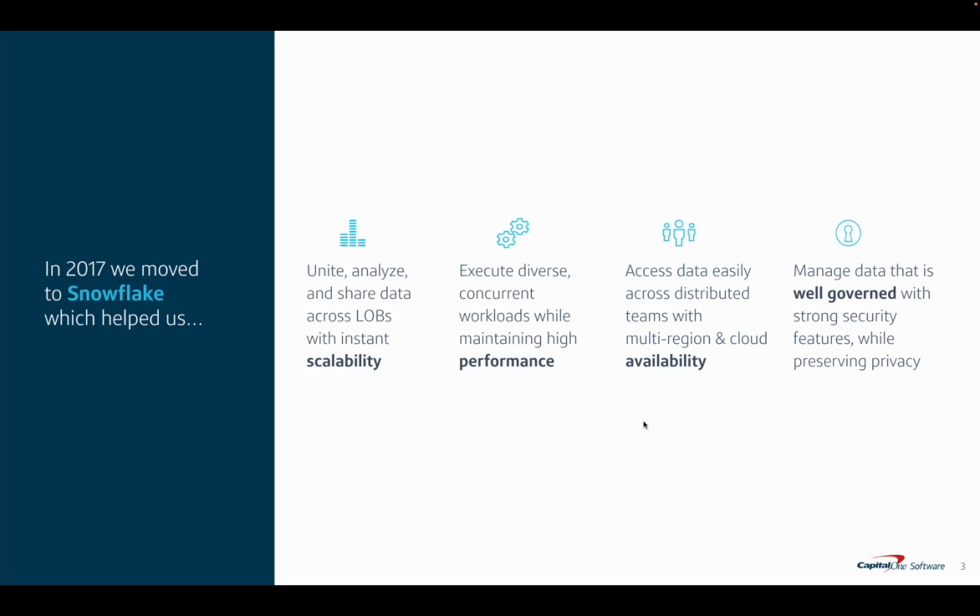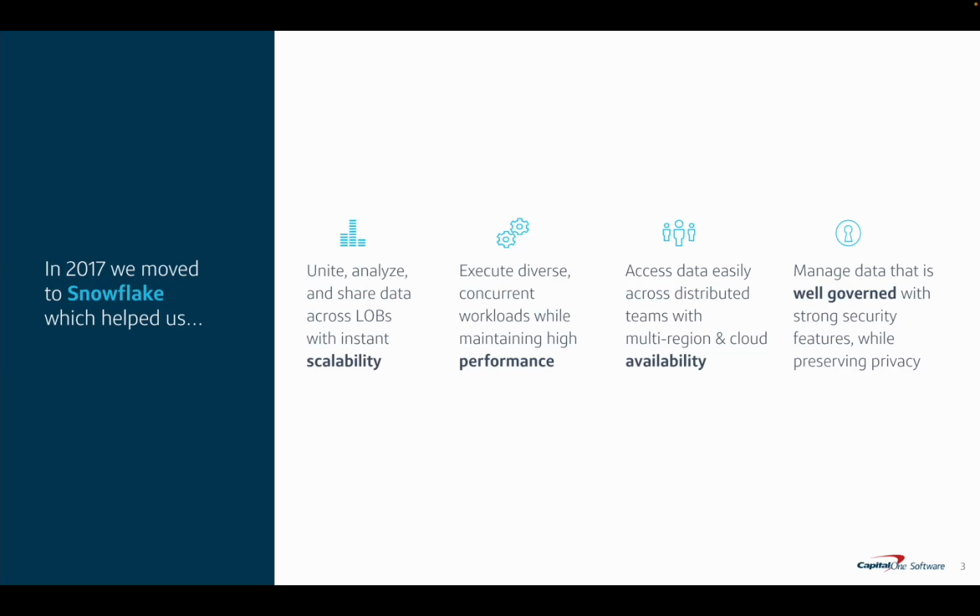Back in 2017, when we began moving to the cloud, we needed a partner to help us better manage and scale our data ecosystem. That's when we first onboarded to Snowflake. Being early adopters of Snowflake, our business teams at Capital One quickly grew the number of workloads and use cases on the data cloud.